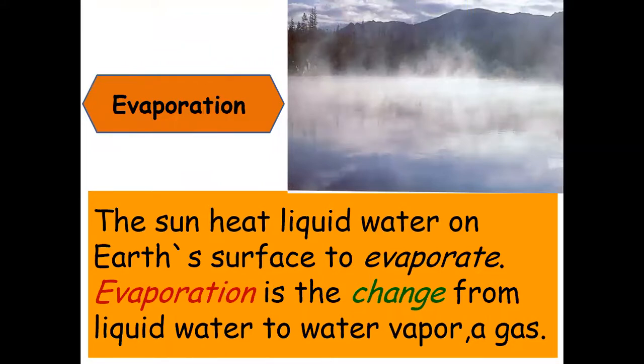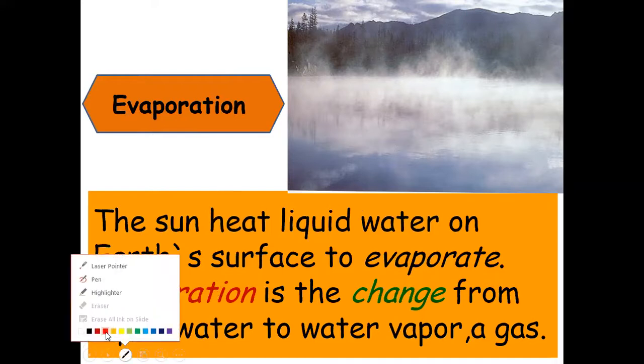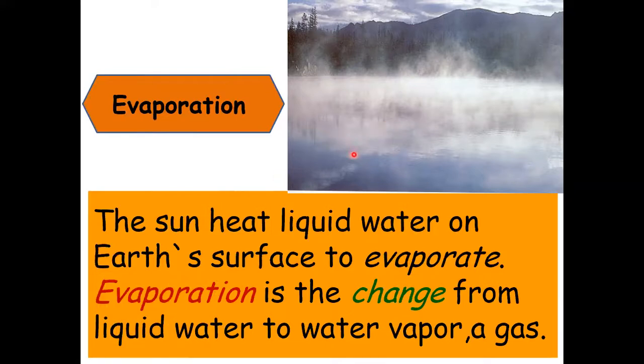The first step in the water cycle is evaporation. The sun heats liquid water on Earth's surface to evaporate. If you look at this picture, this is the water on Earth's surface. The sun will heat the water, and what will happen?